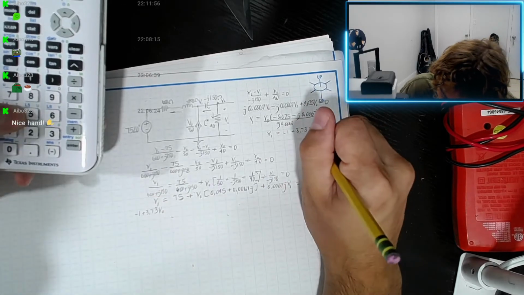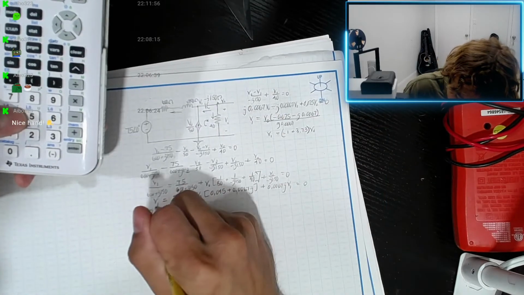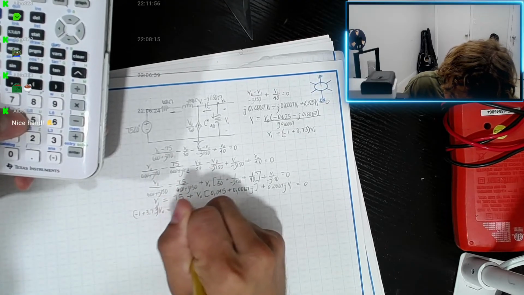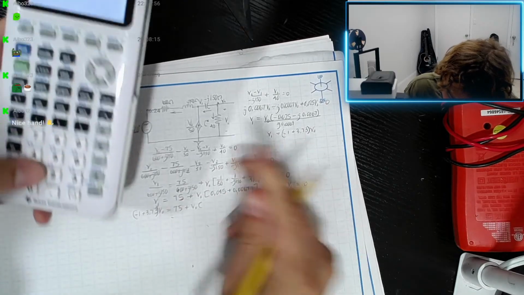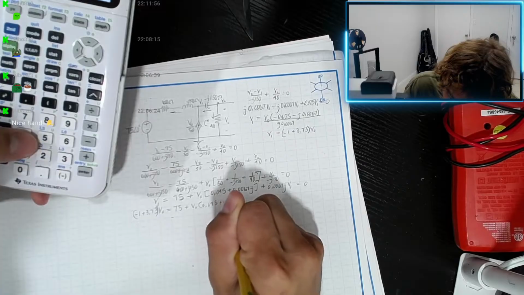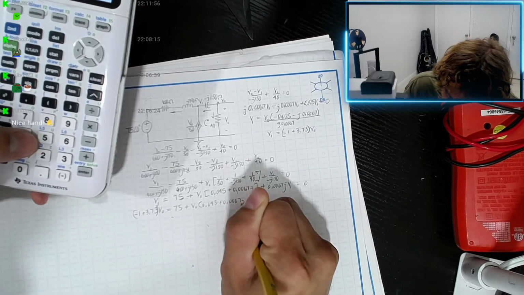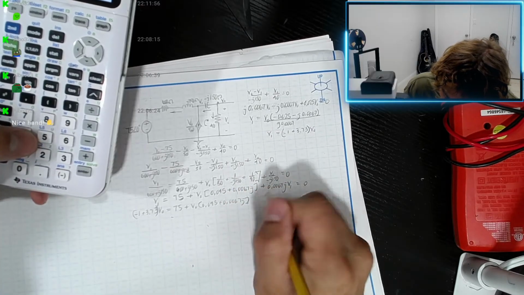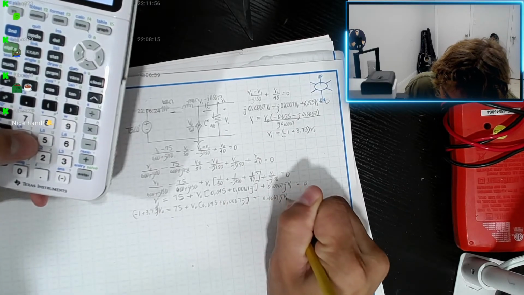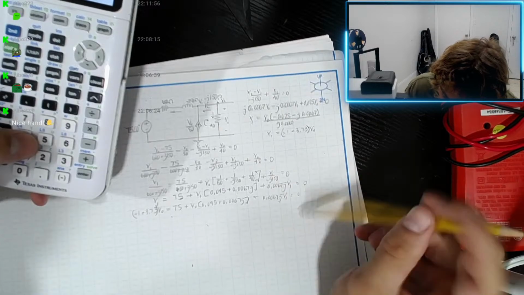Oh, this whole equation though, right? V out equals 75 plus V out 0.045 plus 0.0067 J plus 0.0067 J V1 equals 0.